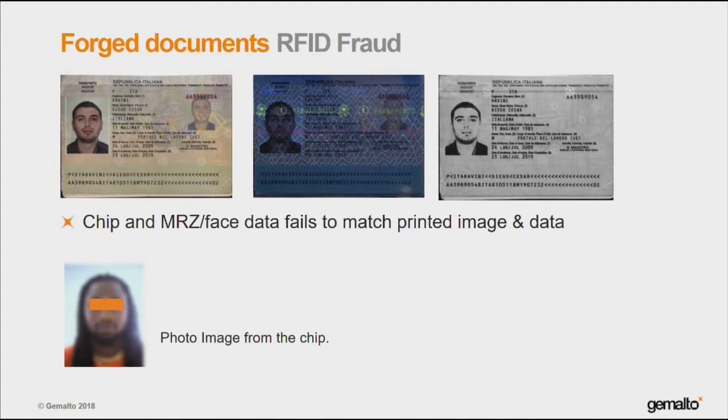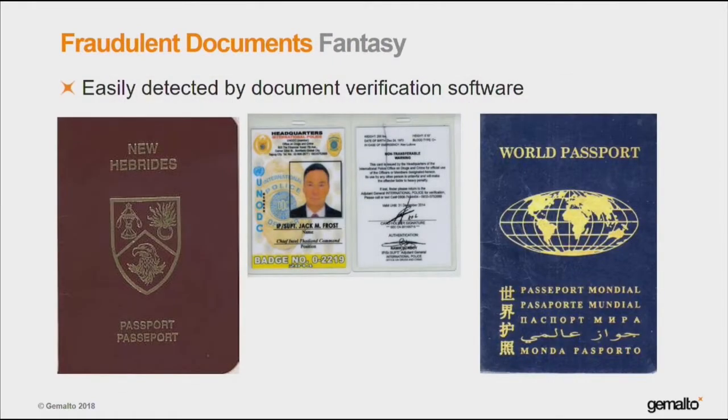They don't have access to the country signing certificate, but all the other basic access control and other security features within the ePassport were mimicked and would have passed validation. Certainly, we have reports of what we refer to as fantasy documents. These are not real countries, but people still do attempt to use these.